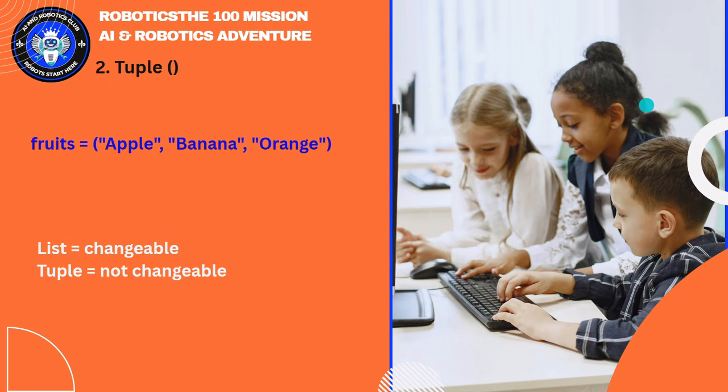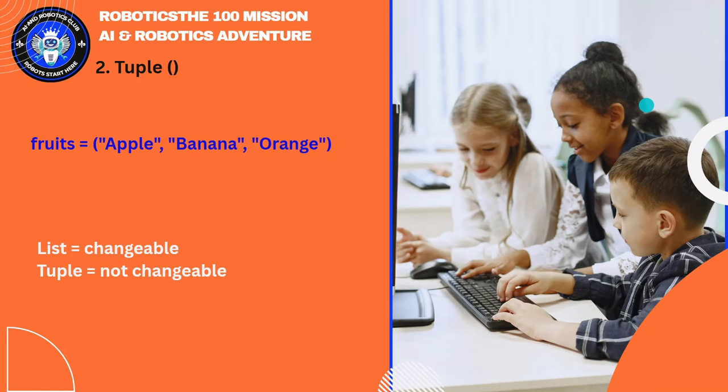Now let's understand what is a tuple. Same way, it's a variable, but instead of square brackets, these are the small brackets. We have the same apple, banana and orange, but in the list we changed something.